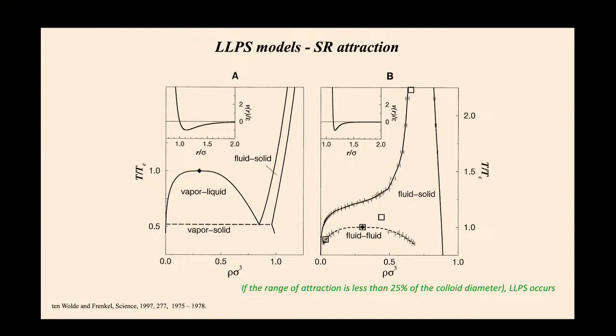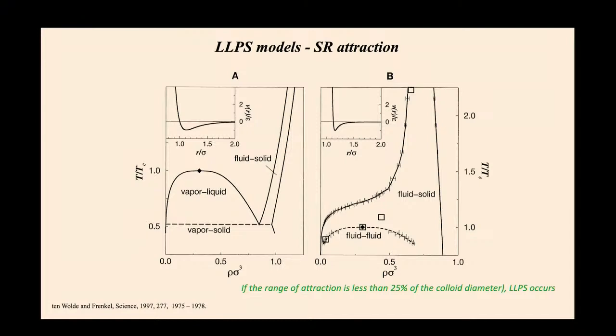So if you make the attraction between a pair of colloids short-ranged, then one can actually predict this kind of phase separation. You can see that there is a fluid-solid coexistence above, but then what we know as vapor-liquid equilibrium basically gets buried inside the solid-fluid phase boundary. So this is something one can calculate with this kind of model.